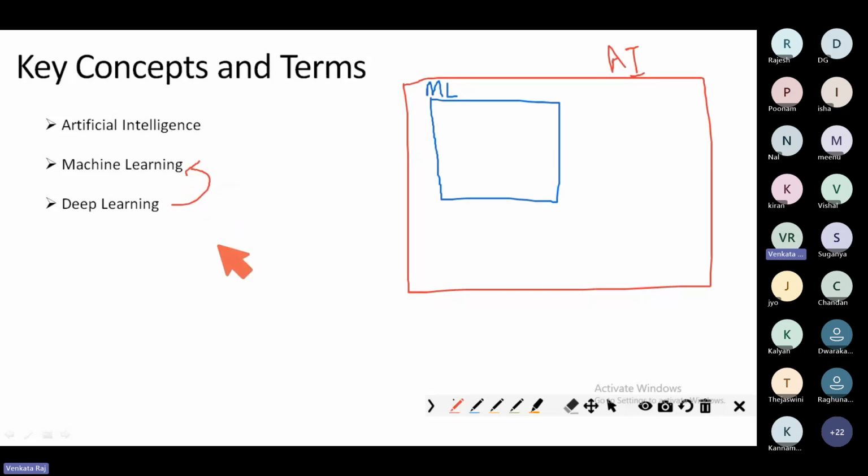Okay, it will use multiple layers of neural networks, and then it will be able to detect different objects. It will be able to recognize speech. It will be able to do language translation as well. They can process and analyze different data.